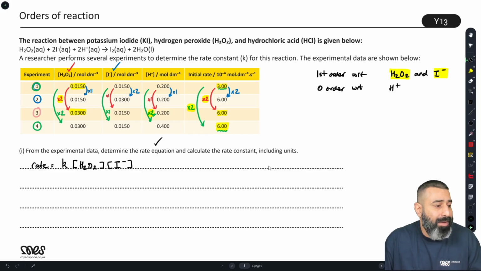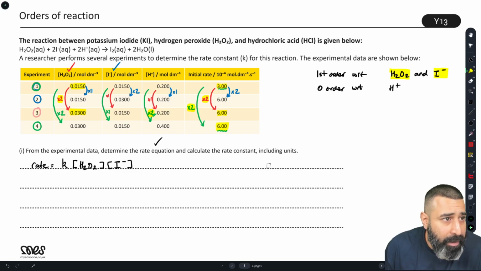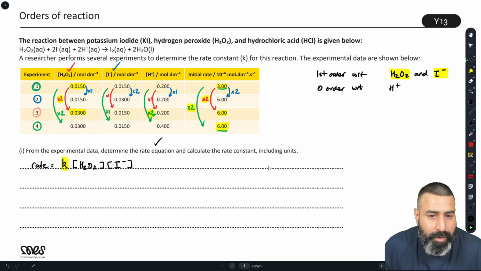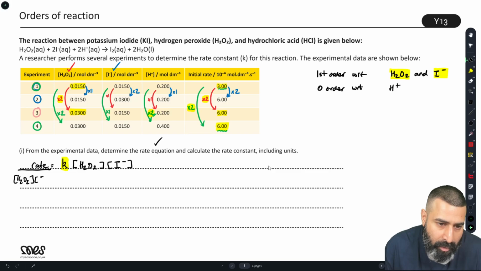Okay, so we also have to determine the rate constant. So what I'm going to do is rearrange for K. So to rearrange for K, we're going to divide through by the concentration of H2O2 and I minus on both sides.